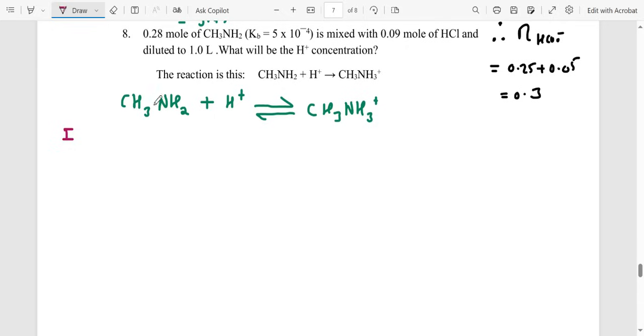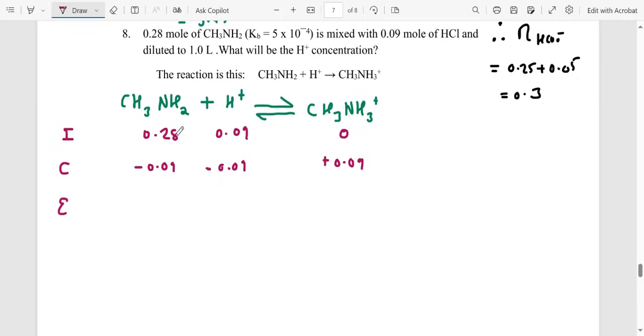Initially, the moles of the base is 0.28. The moles of the acid is 0.09. Initially, do we have any product? No. And then a change is going to happen. Remember, a change happens in such a way that you are trying to consume the smallest moles. So the smallest moles is 0.09. So subtract 0.09 from both reactants, but products increase, so add 0.09.